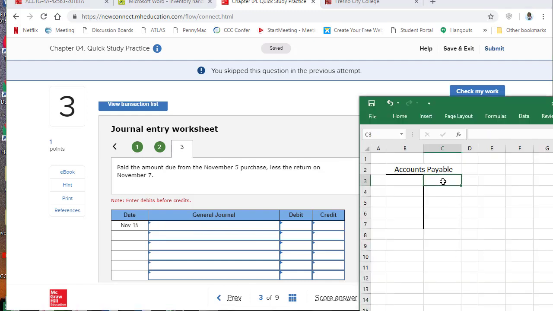So after posting the 9,000 to the accounts payable account and then debiting the $350 for the returns, the balance in the account will be the 9,000 minus the $350. So we're at $8,650, which is how much we currently owe this company.